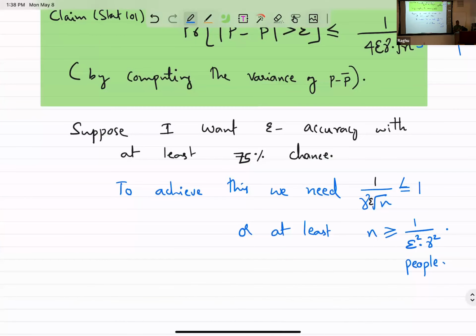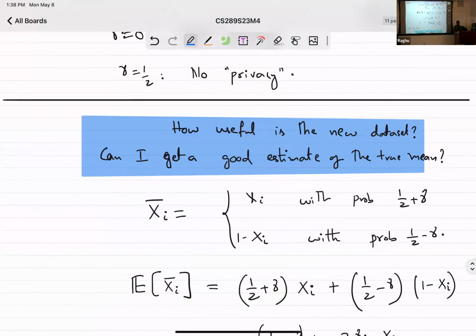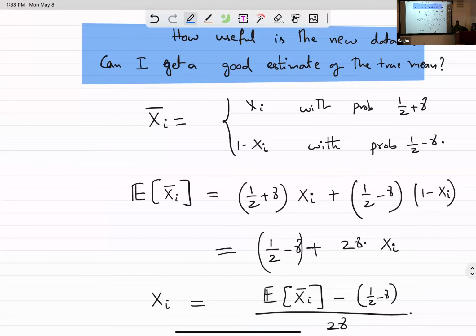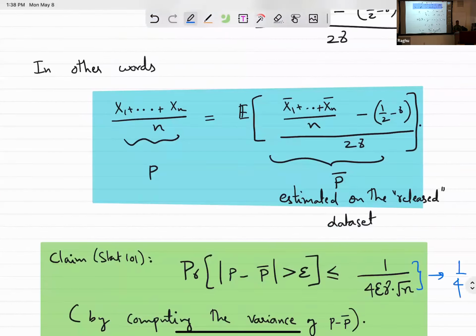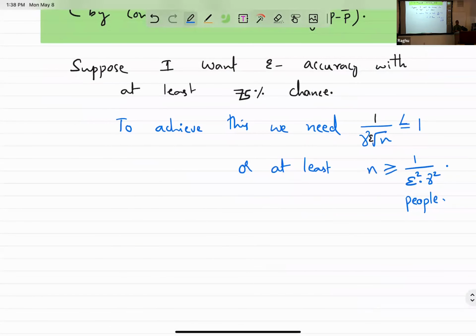And I think it's a reasonable substitute for individual privacy because you're saying my answer will be thrown away with some chance and replaced with a random thing. And with some chance it will survive, but that's okay for me, because that's the amount of risk I'm willing to take. And if I have 1 million people, then I can make gamma very, very good.